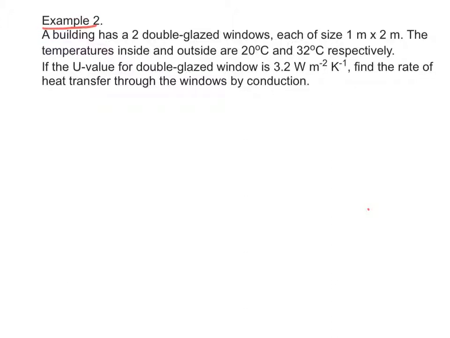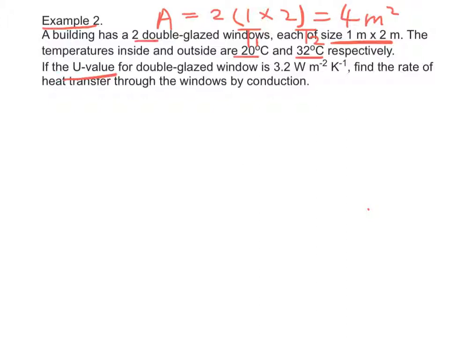Example 2. The total area of the windows is A equal to 2 times 1 times 2, equal to 4 meters square. Temperature inside, temperature outside, and the U value.